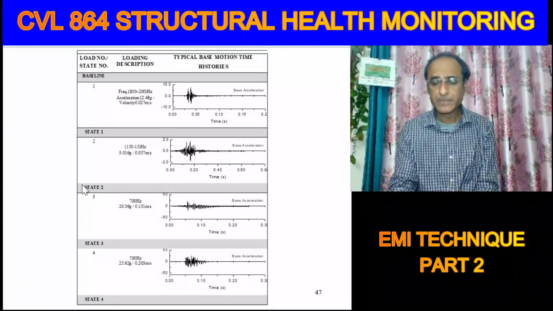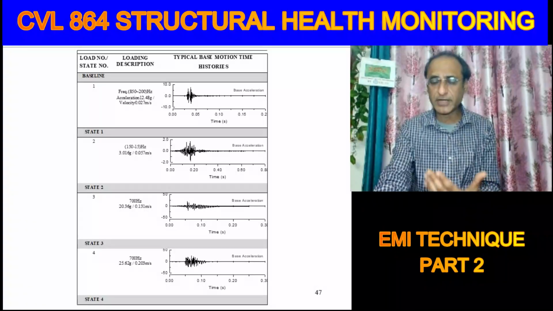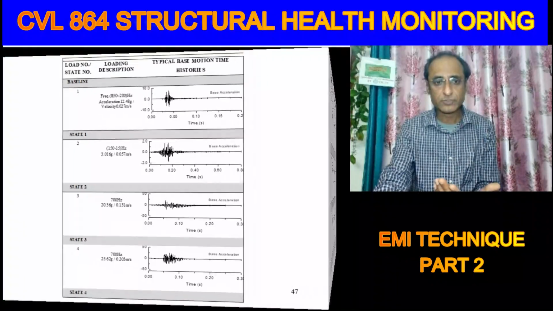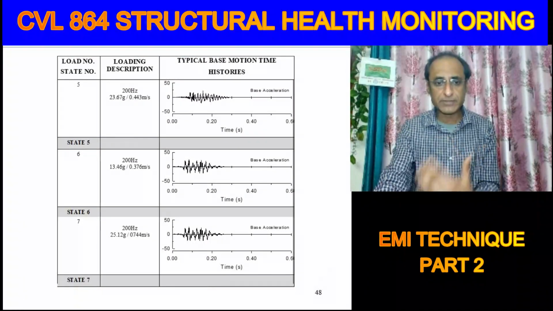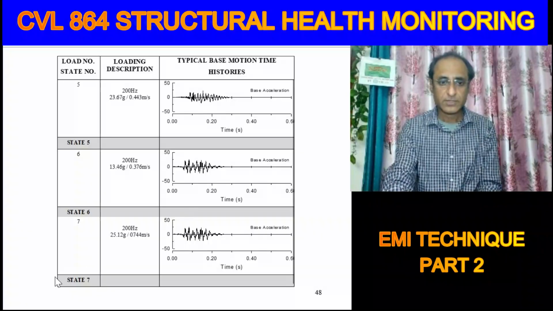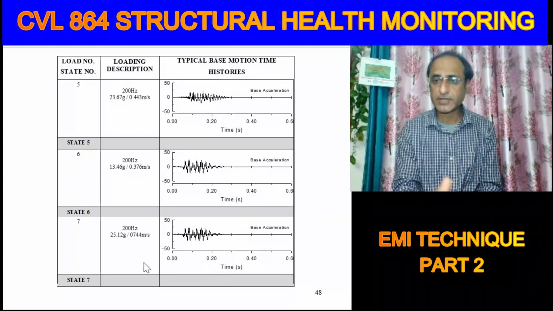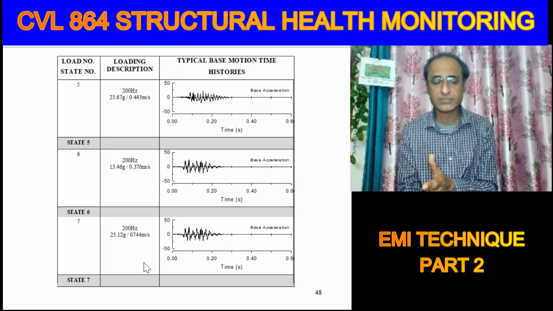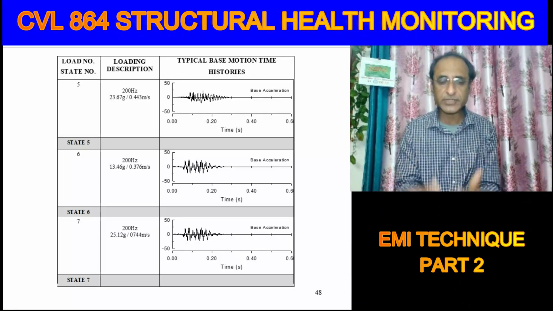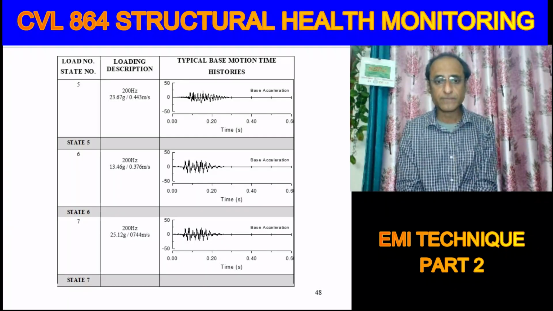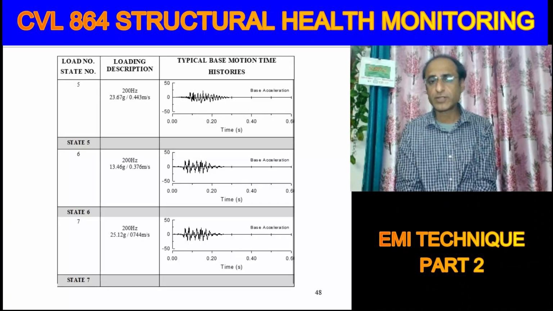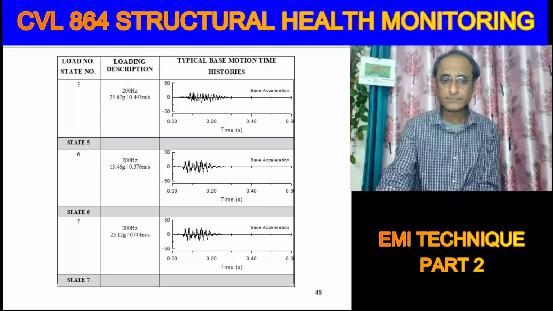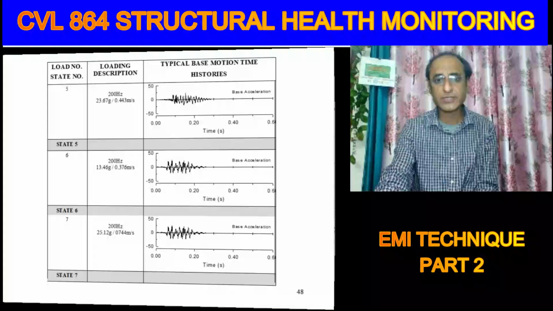So this way continued data points were made. So total 7 states, we define states as the intervening period in between 2 consecutive motions. So that's how we had done the recording of the data.